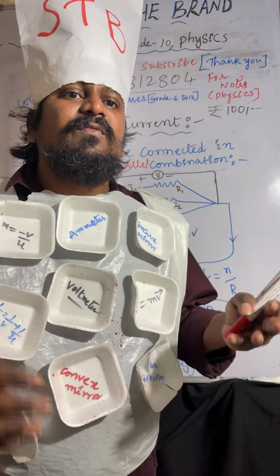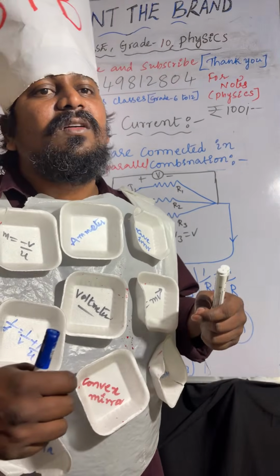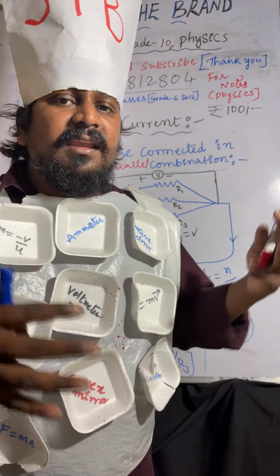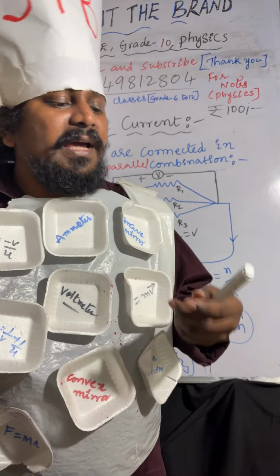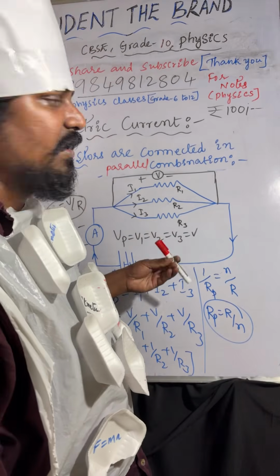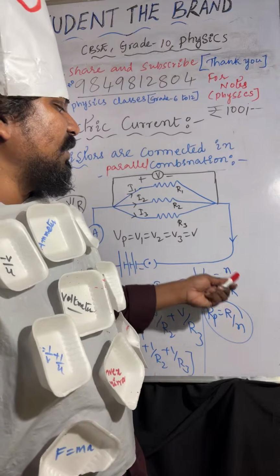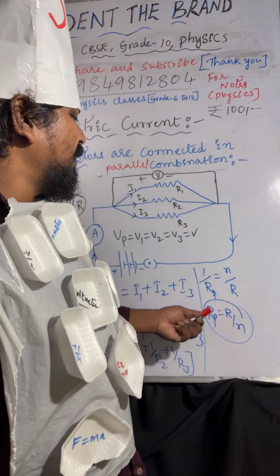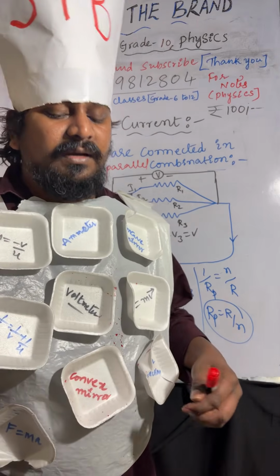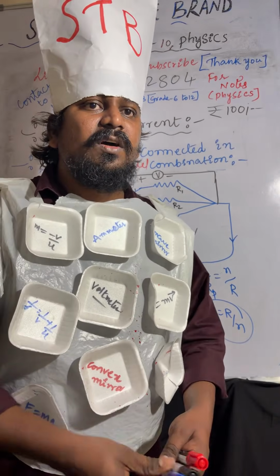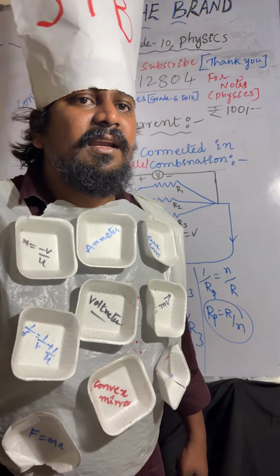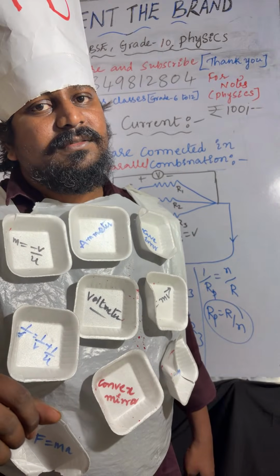If n identical resistors are connected in parallel combination, 1 by Rp equal to n by R, Rp equal to R by n. So this is about resistors connected in parallel combination.